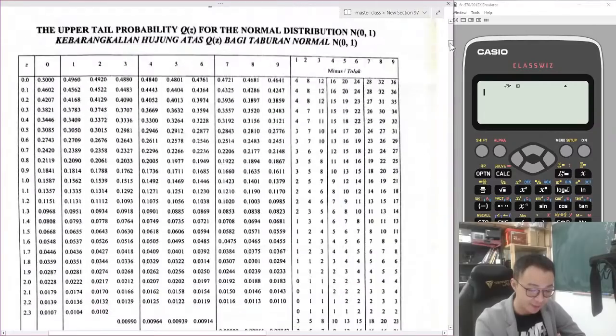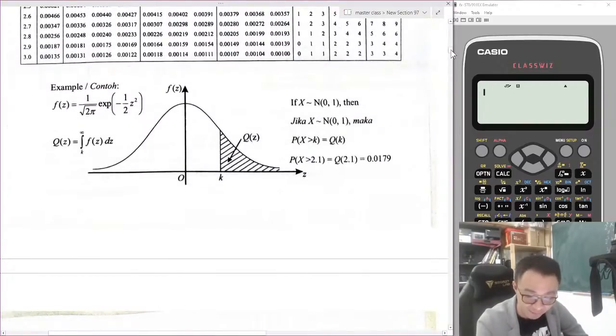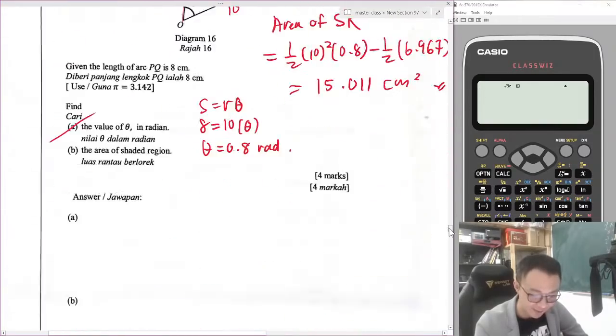Hope it's here. 0.3121. Alright, this is what I want to find. 0.3121 is exactly here, 0.49. So z equals 0.49. Come back here.